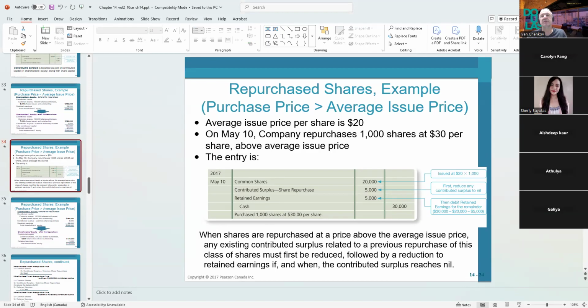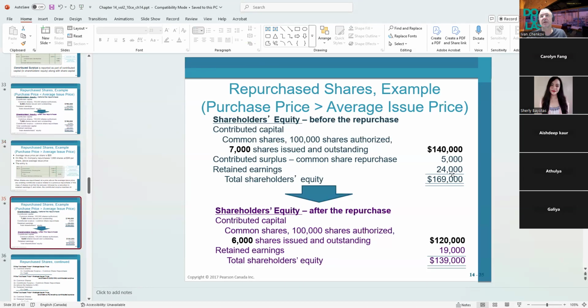So when the shares are repurchased at a price above the average issue price, the existing contributed surplus related to the previous repurchase of this class of shares must be reduced first. If it's not enough, then you go to retained earnings. Once you do that, what's going to happen? That contributed surplus will disappear. Common shares are going to go down by 20, and the retained earnings are going to go down by $5,000.